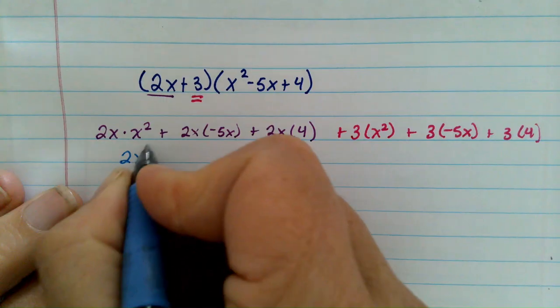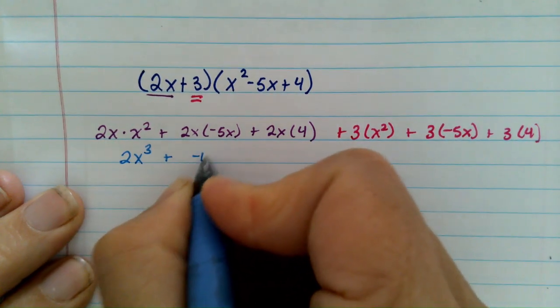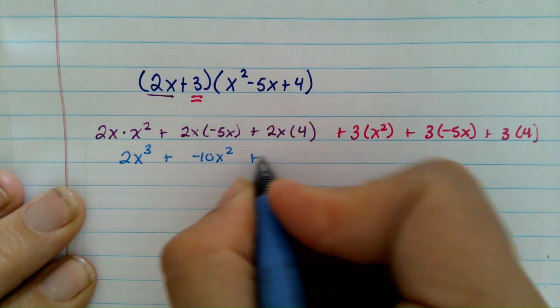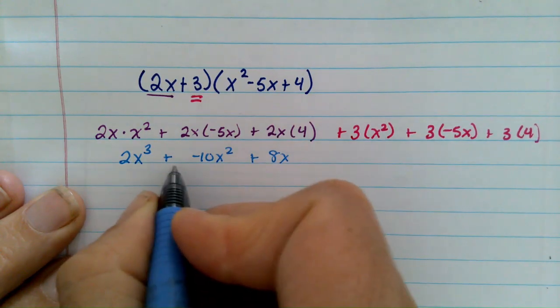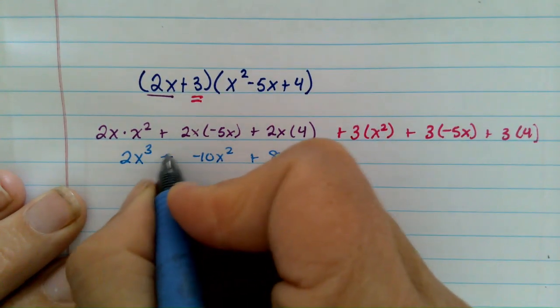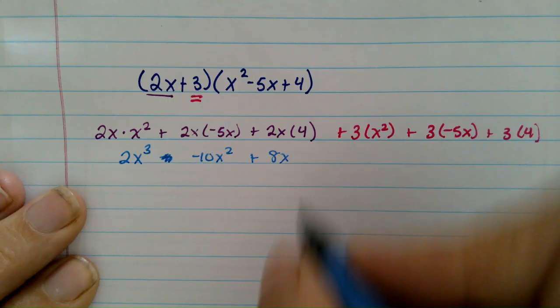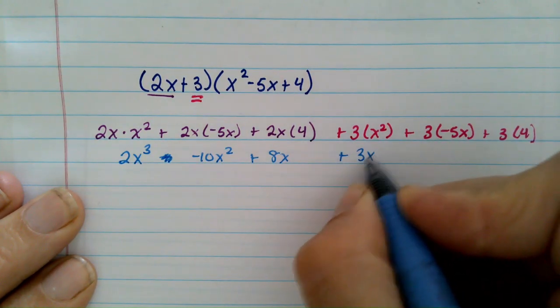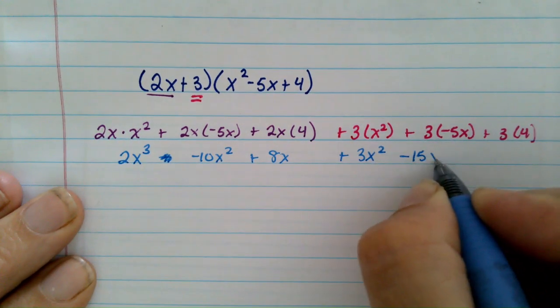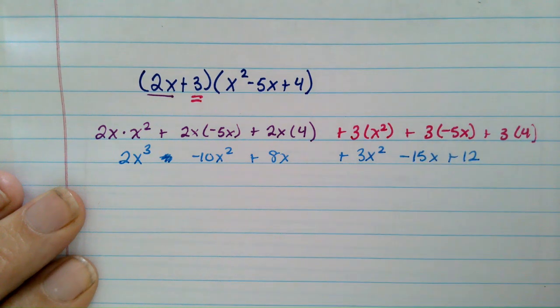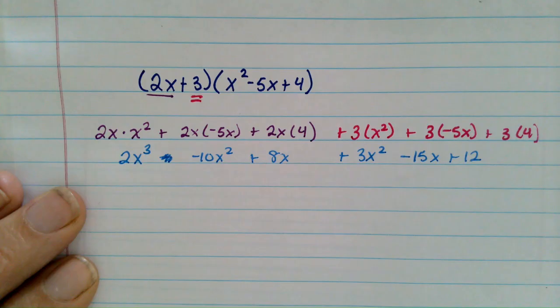So 2x cubed minus 10x squared plus 8x. I generally don't write plus negative, I just wasn't thinking. It's minus, right? Plus 3x squared minus 15x plus 12. And some of you might have done all of that in one line naturally. And then we're going to add like terms.